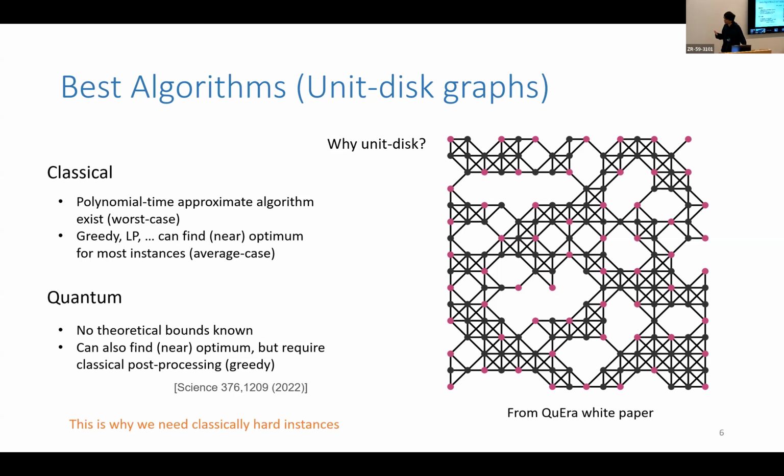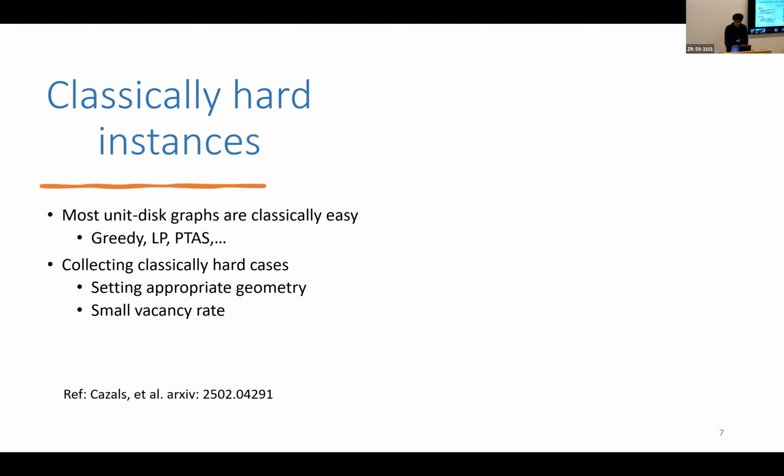So that's why we really need to find the classically hard instances, which means we want to exclude the classical contribution for finding the MIS of such graphs, so that we can see if the quantum algorithm can really improve this result compared to classical algorithms. So the problem is, how can we find such hard classical instances?